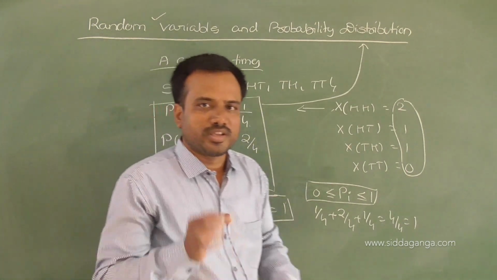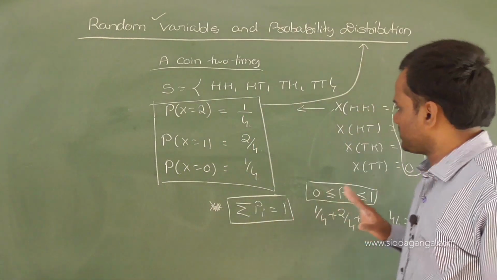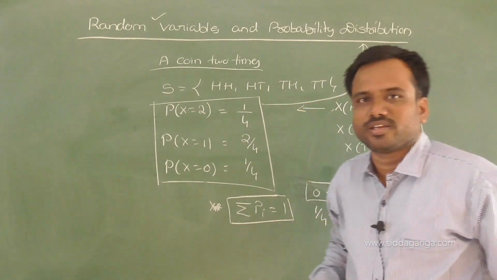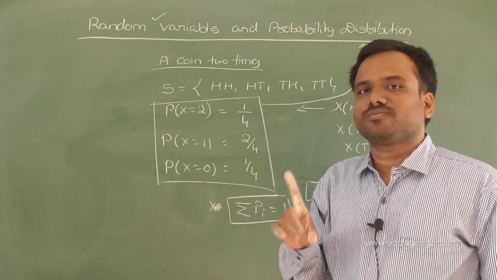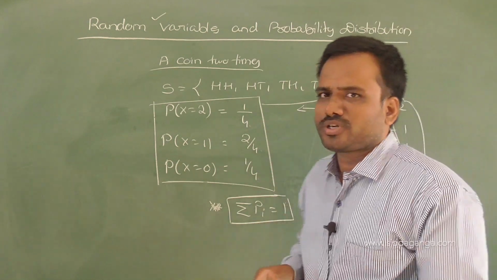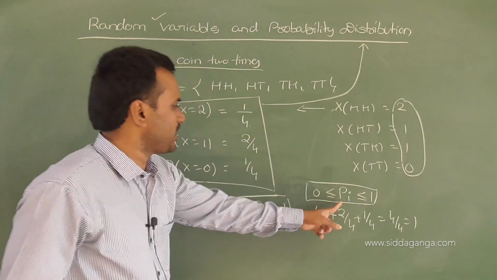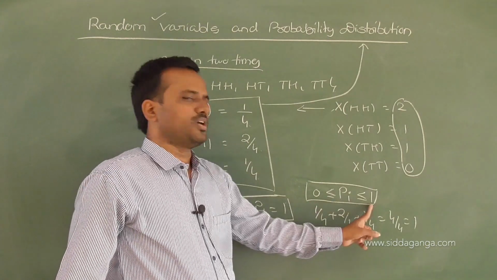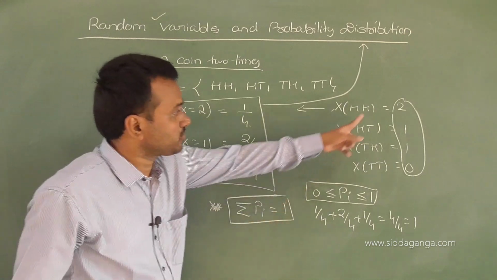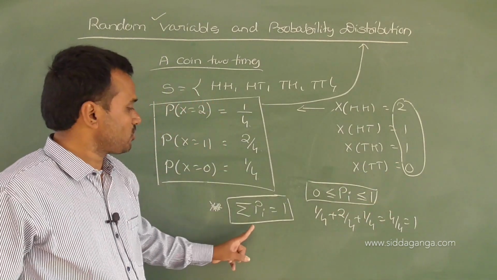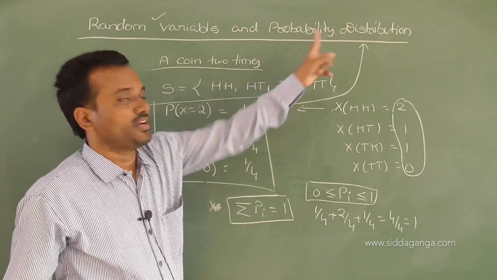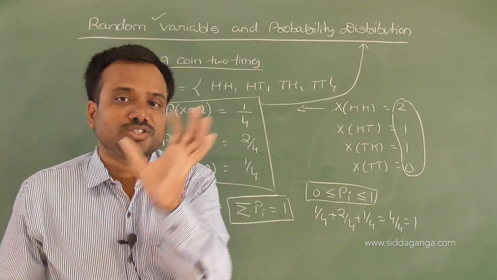Random variable is a real valued function whose domain is nothing but sample points. What about probability distribution? All Pi greater than or equal to 0, less than or equal to 1, and summation of Pi with respect to the random variable is equal to 1.